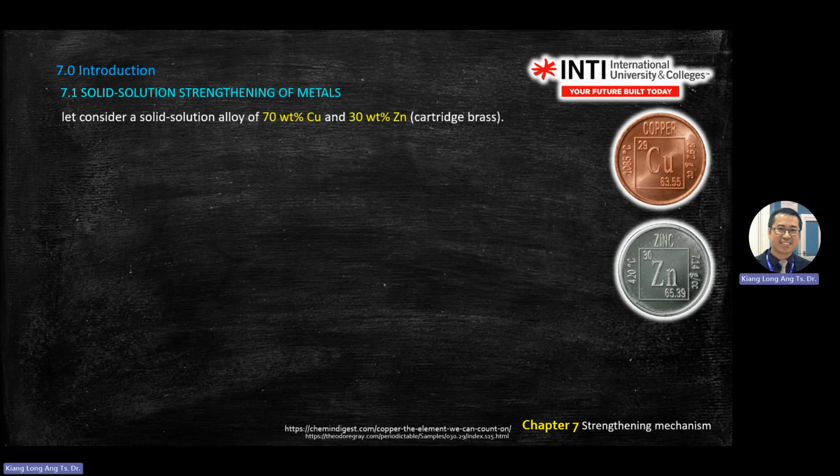Okay, now we look at copper and zinc alloy. Alloy means you mix two metals together.